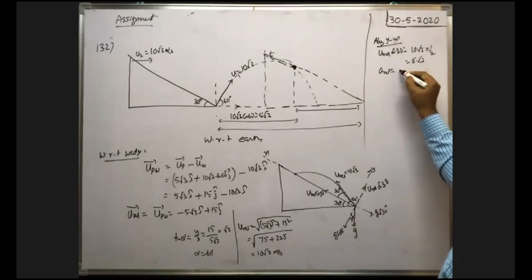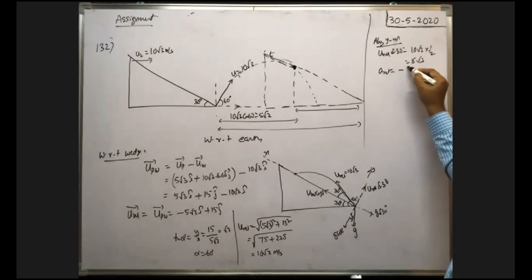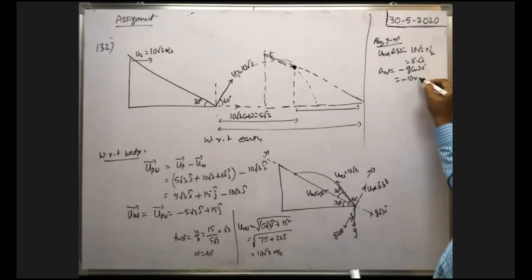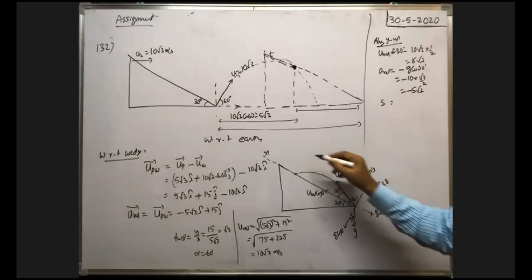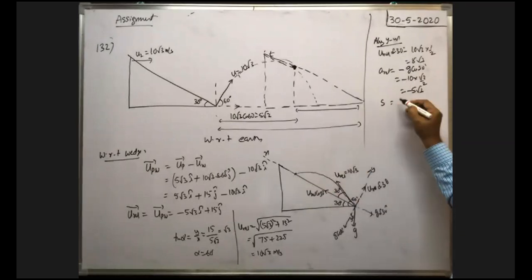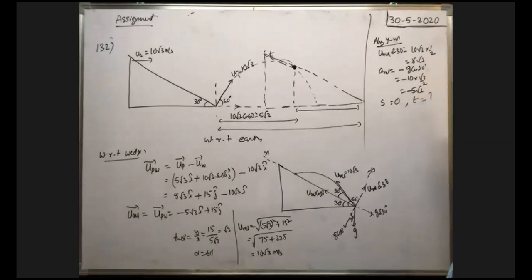So relative acceleration is equal to minus g cos 30, that means minus 10 into cos 30, root 3 by 2, that is equal to minus 5 root 3. Displacement along y-axis, whenever the particle reaches the point here, is 0. After what time? T is equal to question mark.